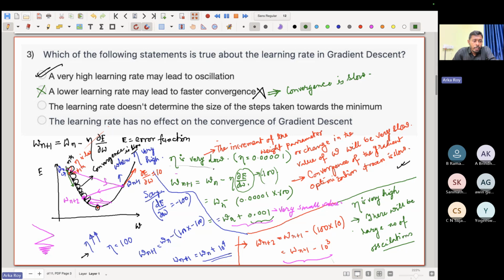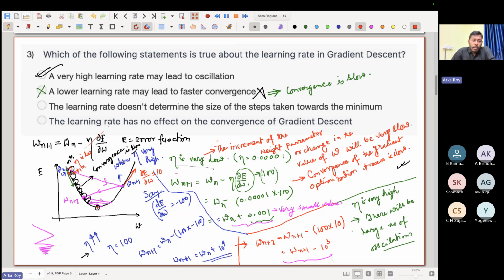So this is incorrect: the learning rate does not determine the size of the steps taken towards the minimum. They are saying that the learning rate does not determine the size of steps, but it basically takes into consideration that if you choose your eta to be very small, your step size is very small. So that means you'll take a large amount of time to reach the minimum.